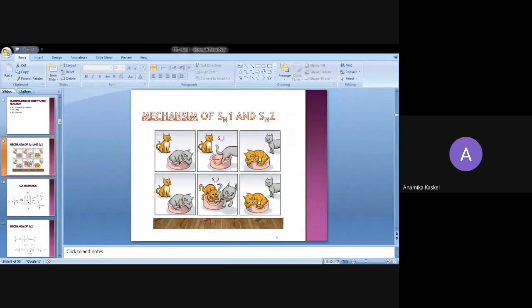Now I have a question. What is the basic difference between them?